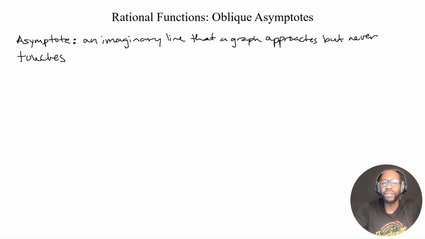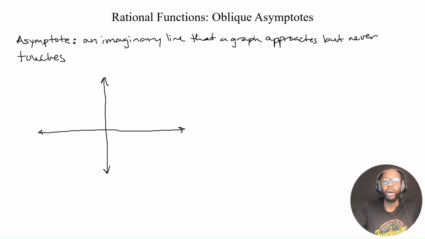So, just to give a taste of what they look like, it's similar to vertical and horizontal asymptotes in that it is an asymptote. But this is the way it looks. An oblique asymptote is going to be basically diagonal, so it'll be like this.